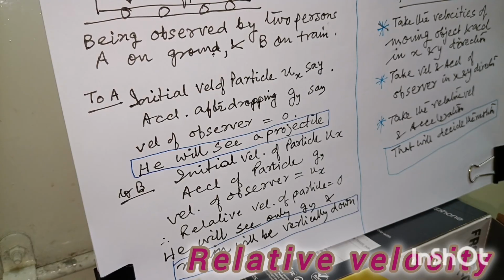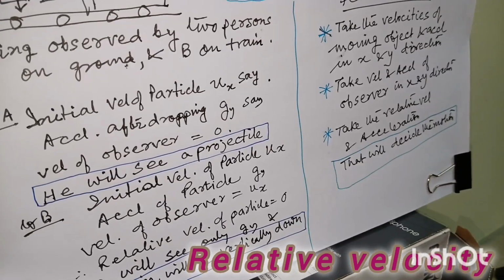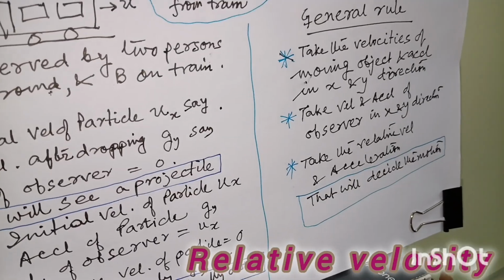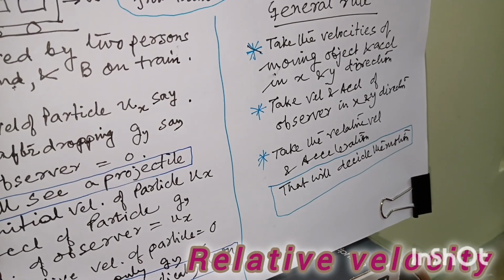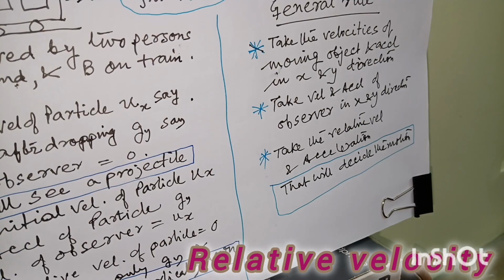At every case you have to take the components of velocity and acceleration of the particle or object, and take the components of velocity and acceleration of the observer, then deduct them, and the final result will determine which type of motion the observer will see. So the general rule is to take the velocity and acceleration of the moving object and resolve them in x and y directions.